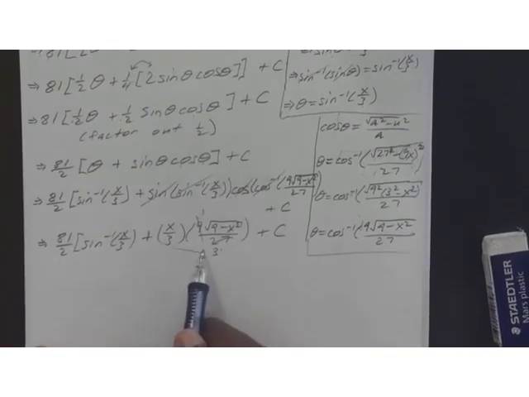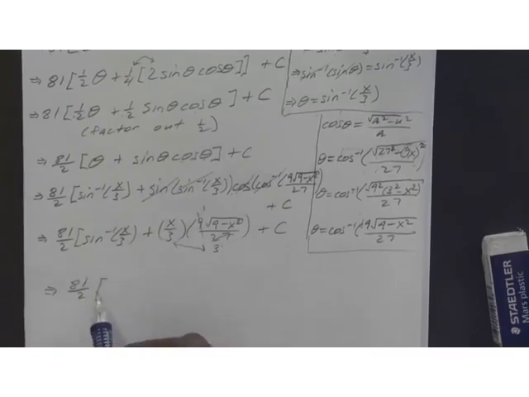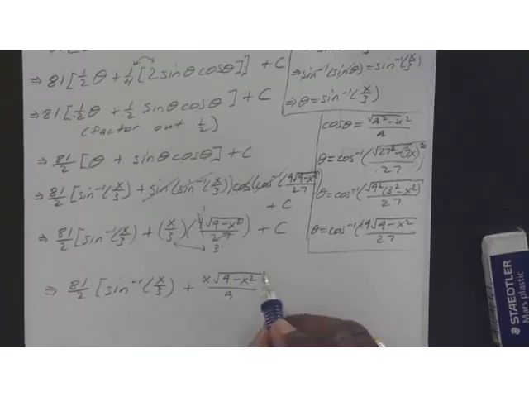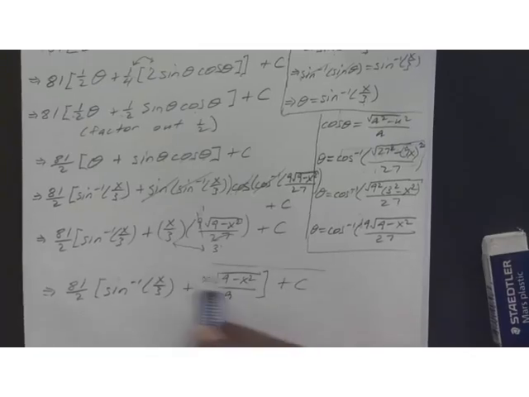So if we go ahead and multiply those two, after all of that, we are finally left with our answer of 81 divided by 2 times sine inverse of x divided by 3 plus x times the square root of 9 minus x squared divided by 9 plus c. And again, I don't think Newton even wants you to put the plus c in there. At least I don't think they were. Most times they'll say don't worry about adding the plus c.